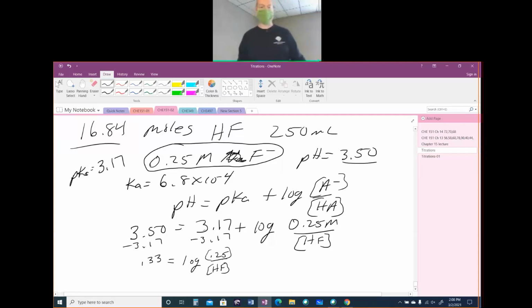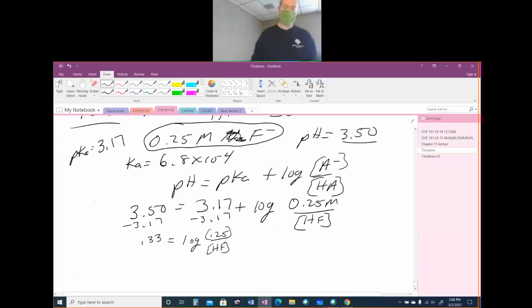All right, so then we have to take our inverse log on both sides. So you have your anti-log, which is your 10 to the x button, on both sides. So 10 to the 0.33, 10 to the log, that just gets rid of that. And you have 2.14 is equal to 0.25 divided by your concentration of HF.